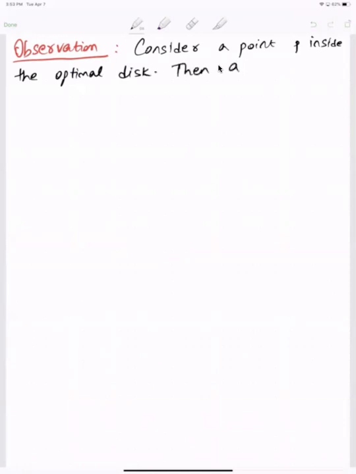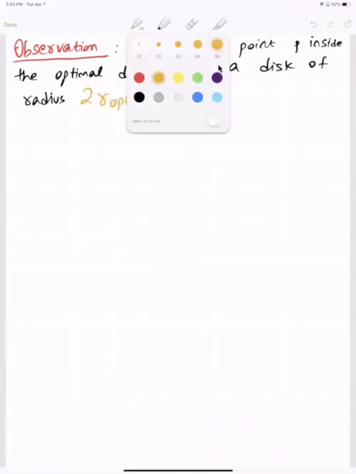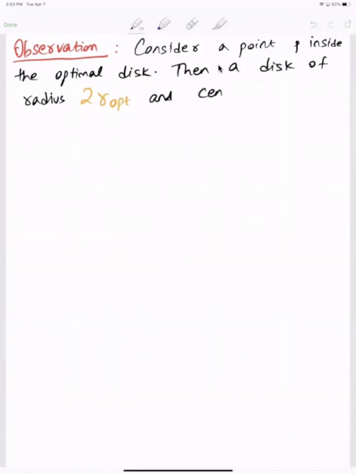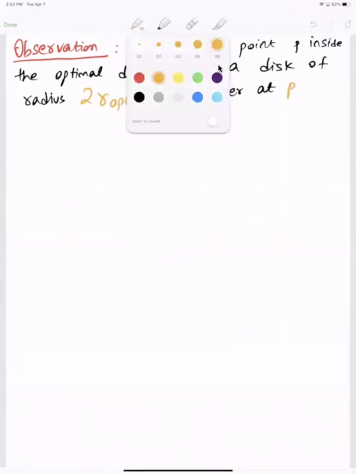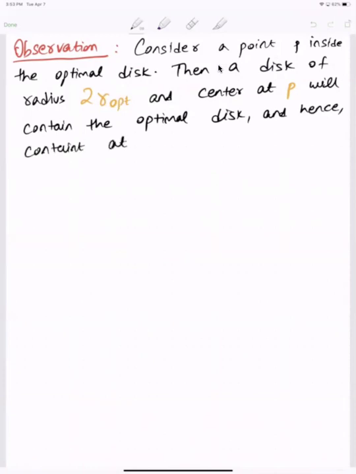Then a disk of radius 2 times r-opt and center at P will contain the optimal disk, and hence contain at least k points.